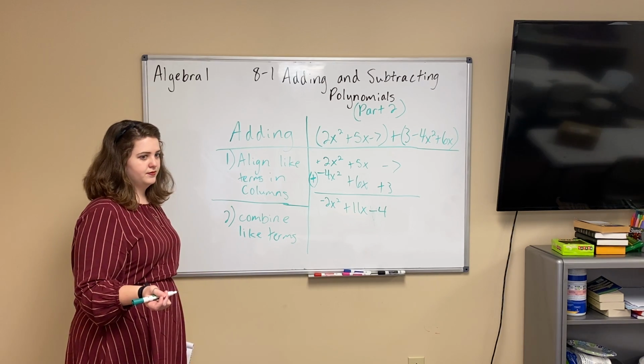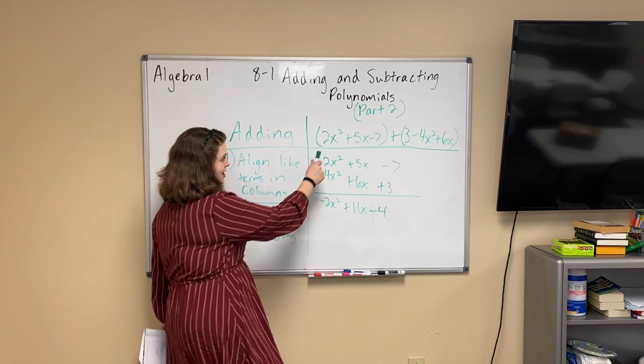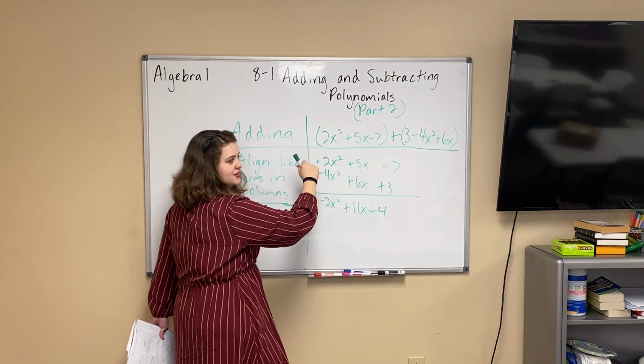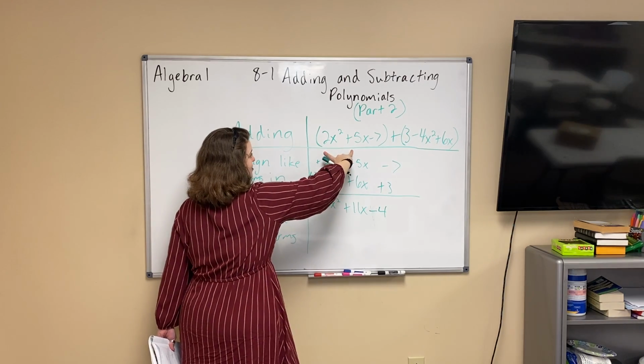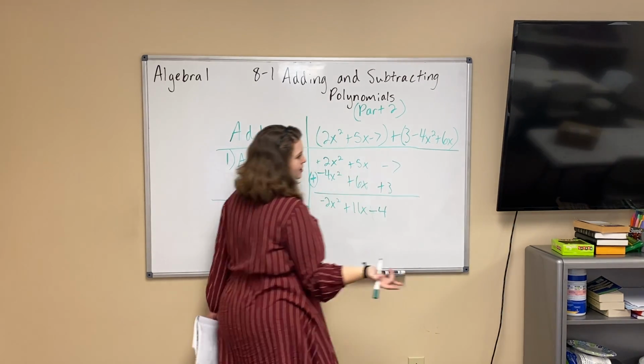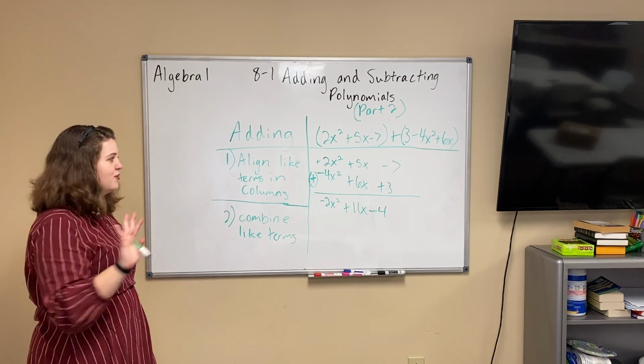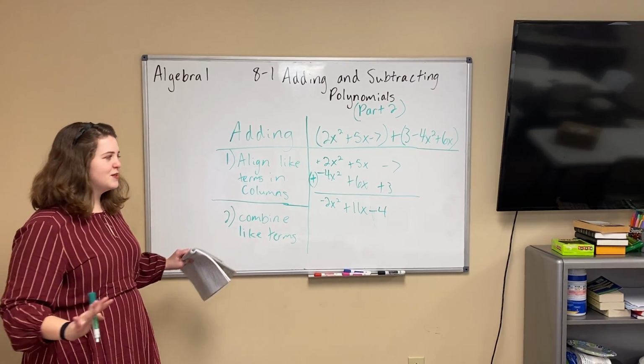Why wouldn't I multiply this times this? Because we're adding. So we're basically taking this polynomial and adding it to this polynomial. We'll get to multiplying and dividing later on in the chapter, but for now we're keeping it simple.